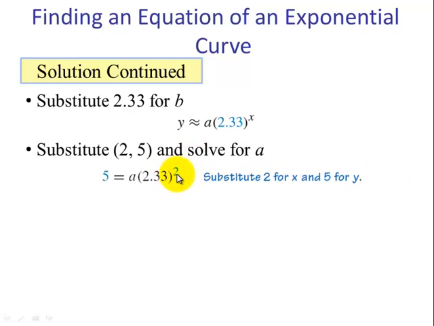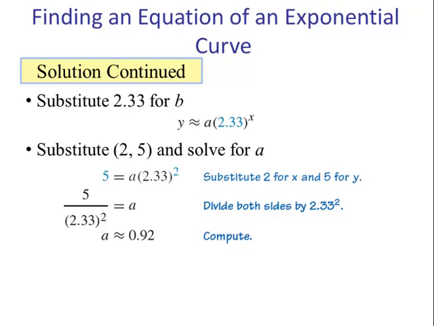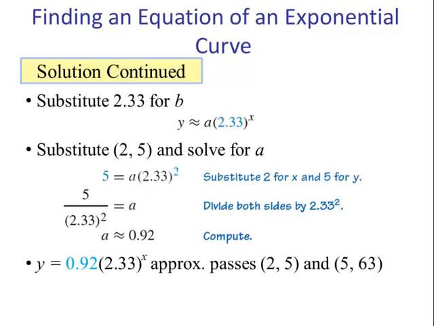Next, we want to solve for a. This value is multiplying the a, so we divide, and we have a is equal to 5 divided by 2.33 squared. Evaluating this, a is approximately equal to 0.92. So our equation is y equals 0.92 times 2.33 to the x power. The graph should come close to these points.